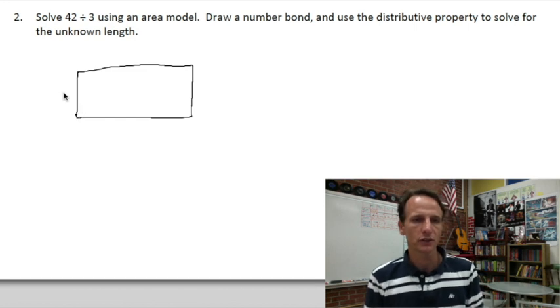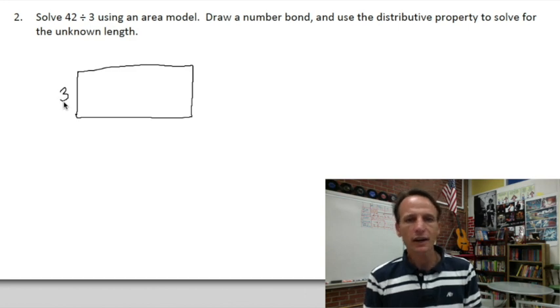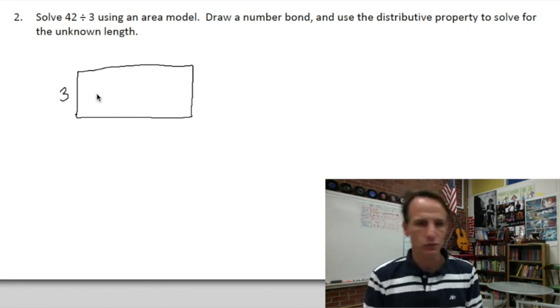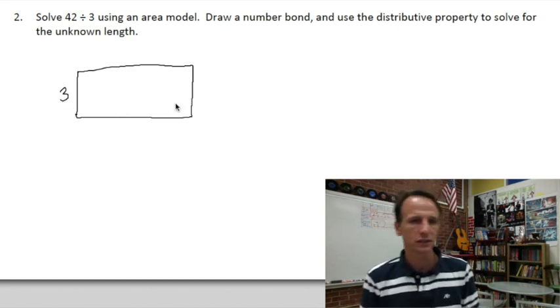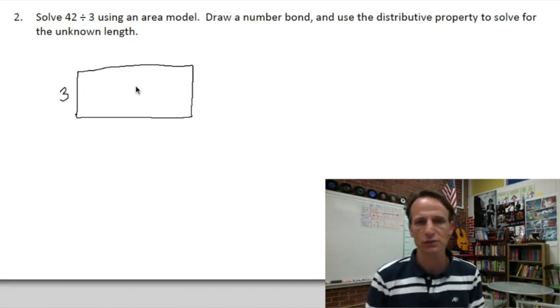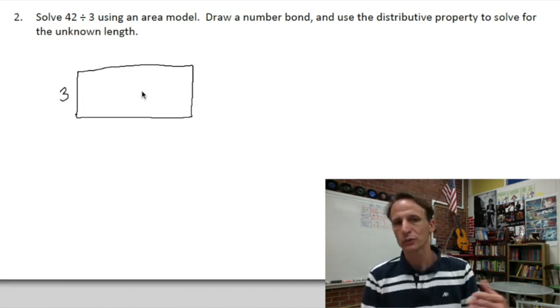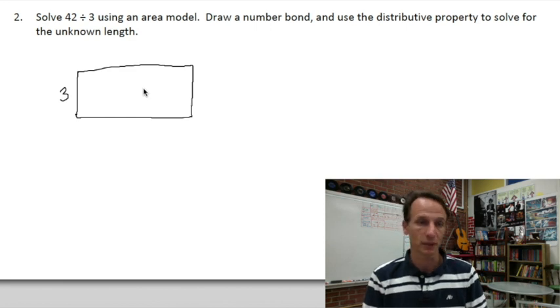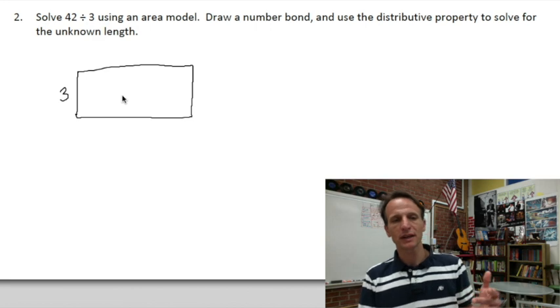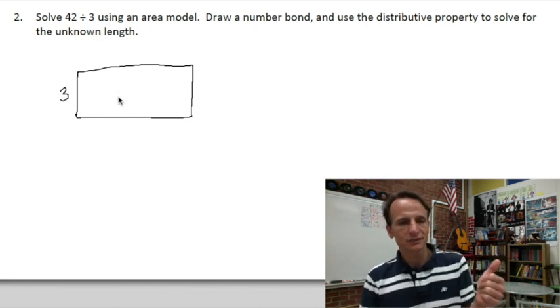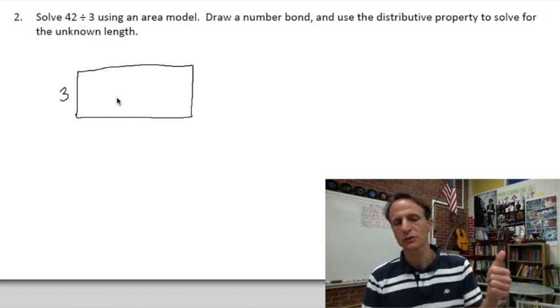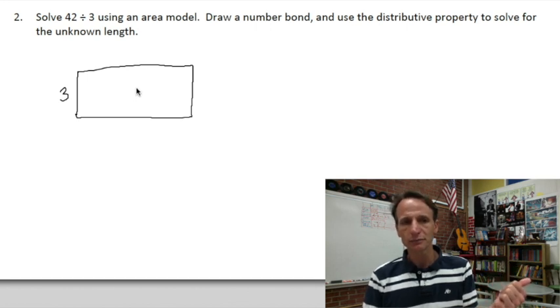All right, we know our divisor is 3, so we'll use that to represent the length. Our area is 42. This whole thing here is 42. So the question is 3 times what is 42, which we can also state as 42 divided by 3, just as we have here. Now when we look at 42, we can do 3 times 10 is 30.